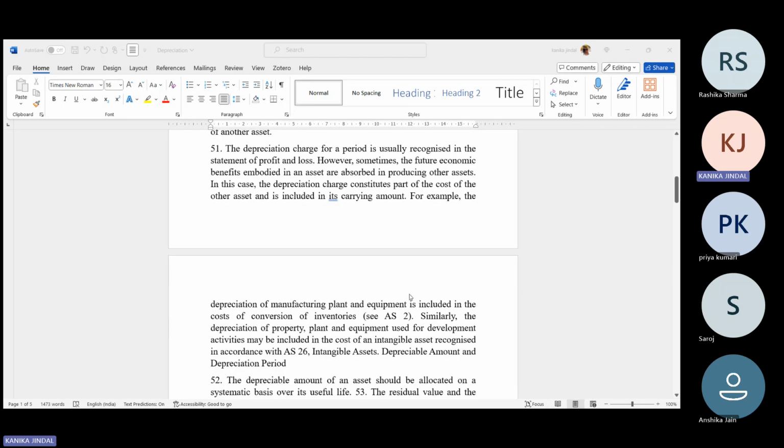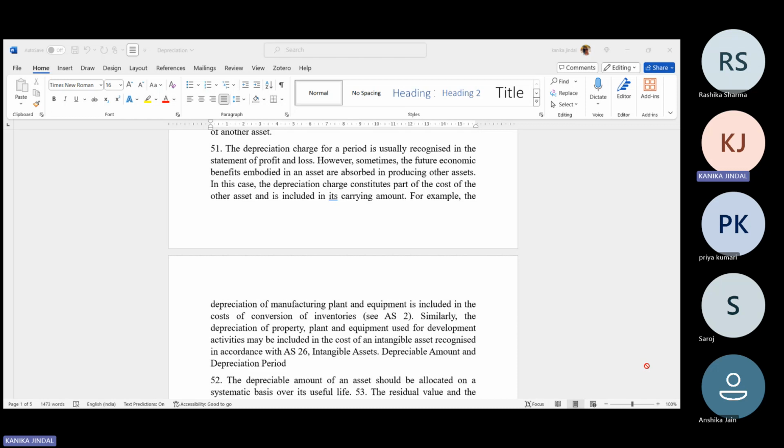For example, the depreciation of manufacturing plant and equipment is included in the cost of conversion of inventories. हमने क्या करा? जो depreciation है manufacturing plant and equipment की, उसको include कर दिया in the cost of conversion of inventories as per AS2, accounting standard 2.